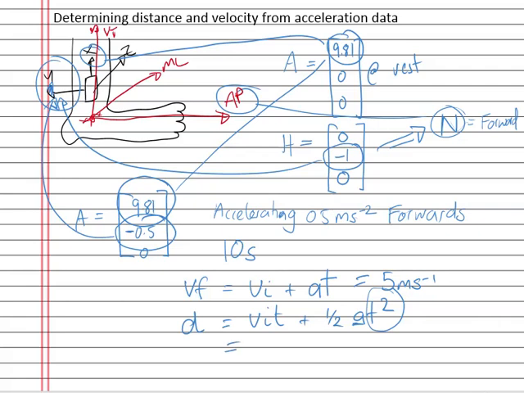So in this case, it would be 0 plus 0.5 times 0.5 times 10 squared equals 25 meters. So perhaps this would happen if you're sitting in the car and we're accelerating slowly from the lights.